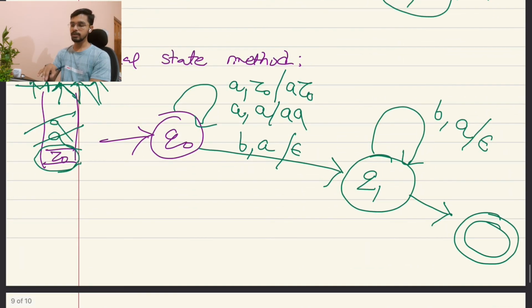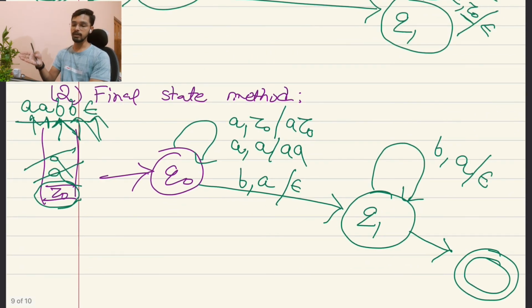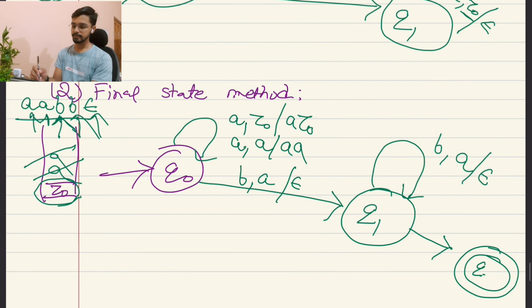So we'll have this Q2. And the condition for acceptance will be: if you have epsilon as the input and the top of the stack as Z0, you will do nothing to the stack, and that is how we are going to accept the language.